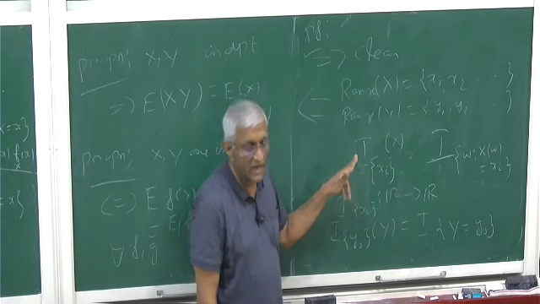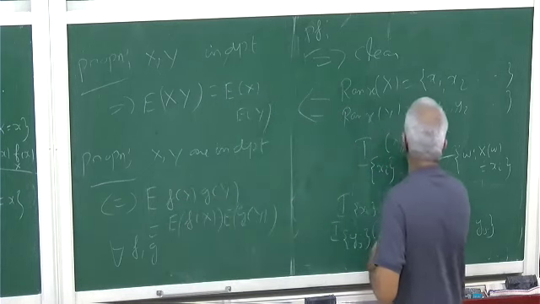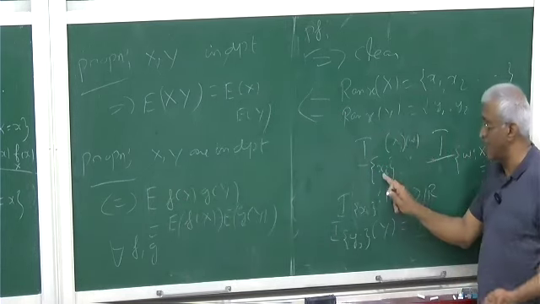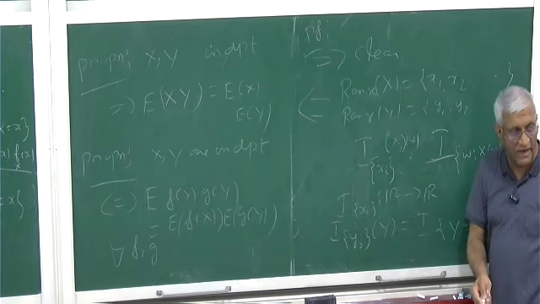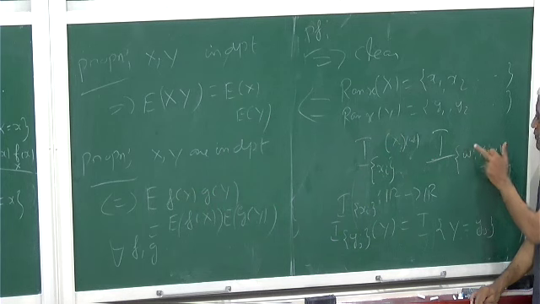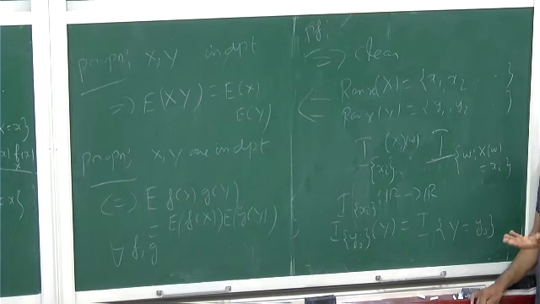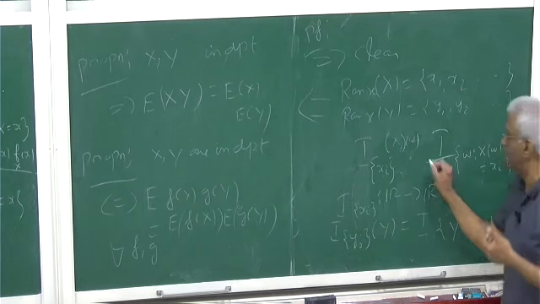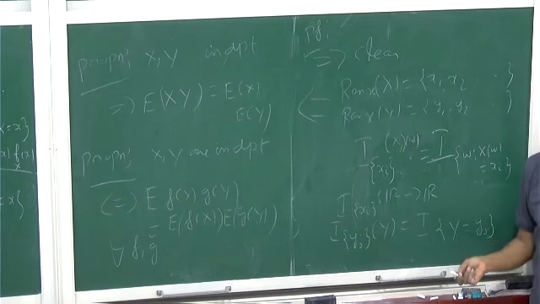So I of X of omega, if it lands in xi, is going to be 1, otherwise it is 0. Here also it's the same thing. If omega lands in xi, it's going to be 1, only on this set, otherwise it is 0. By definition, these two functions are equal. I've just written it in a different way.